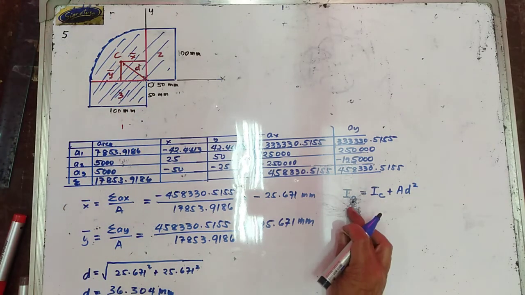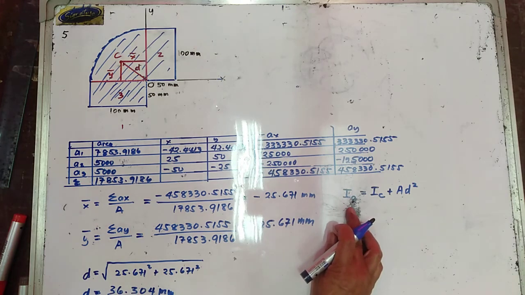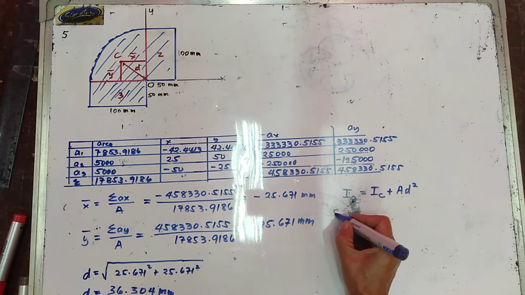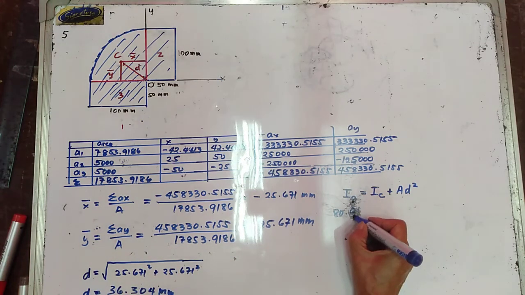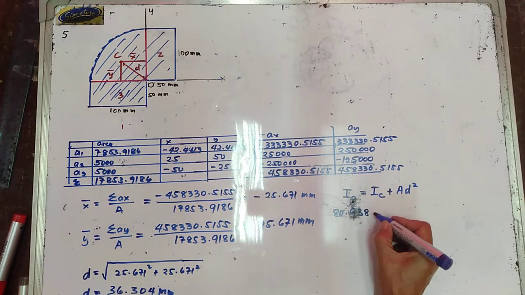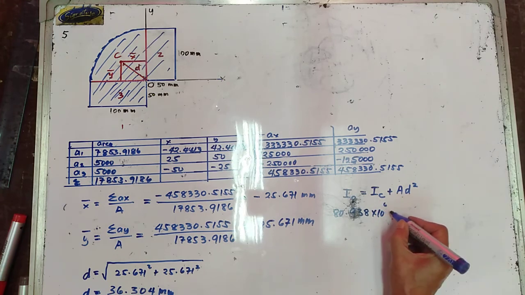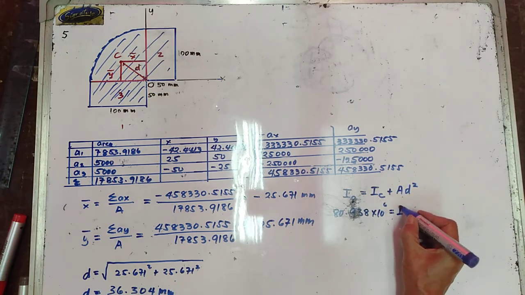The polar moment of inertia was computed before, and that is equal to 80.938 times 10 to the 6 millimeter to the 4th.